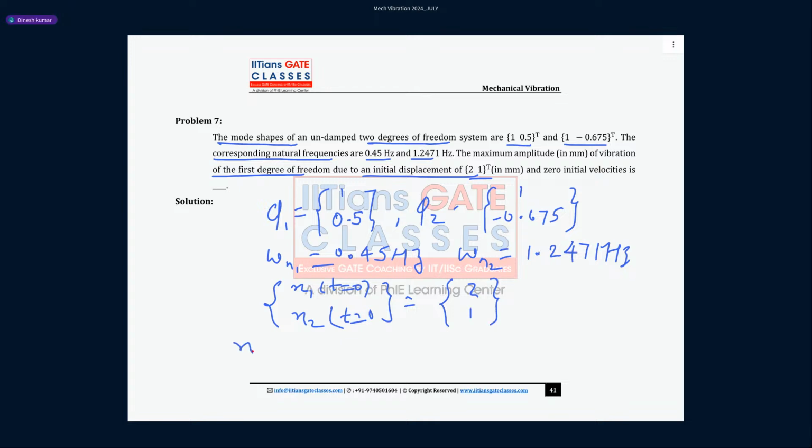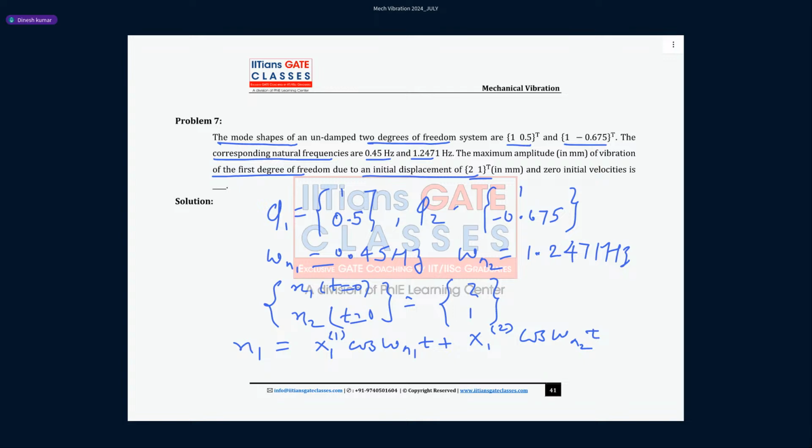We know x1 is x1 for first mode, cos of omega n1 t, plus x1 for second mode, cos of omega n2 t. Right? This is the response equation.